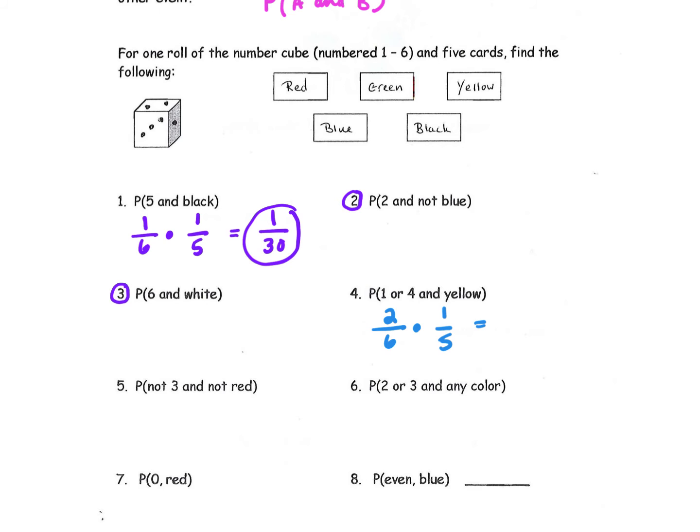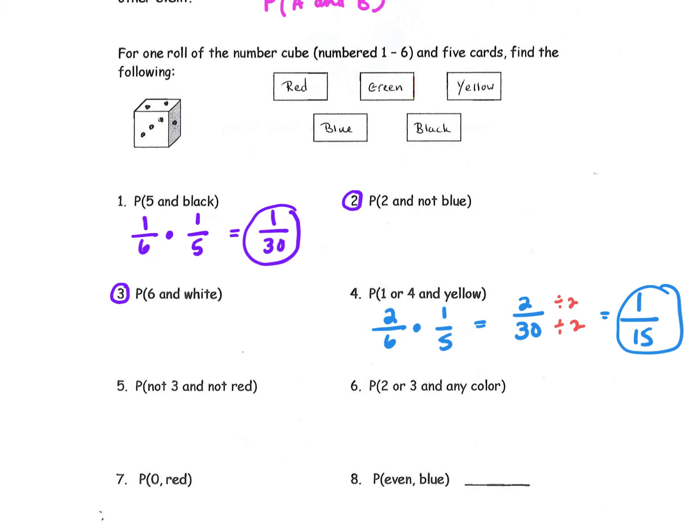I'm going to choose to do that for the sake of being consistent right now. So I'm going to have 2 out of 30. And now I need to reduce, which would mean that I would reduce by dividing by 2, which is what I could have done before I multiplied. And that gives us 1 out of 15. Again, you can use your calculator on this if you prefer.